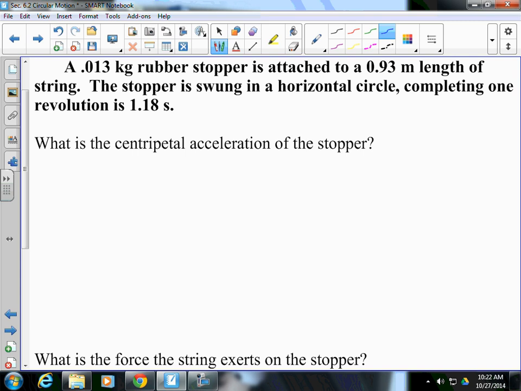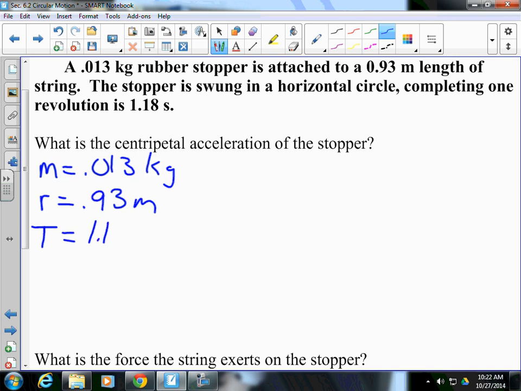Well, let's figure out what we have given to us in the problem. We have the mass of the rubber stopper, so our mass is 0.013 kilograms. The radius of the stopper's circle is 0.93 meters. And it tells us that the period is 1.18 seconds. Those are our 3 pieces of information.